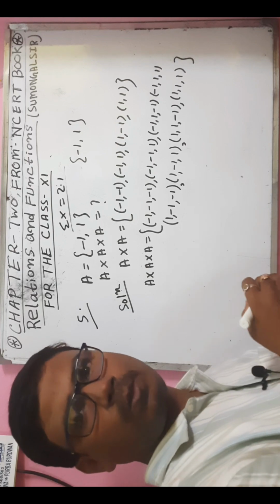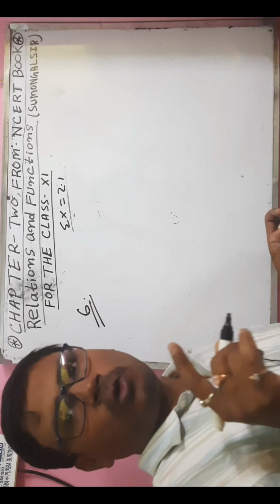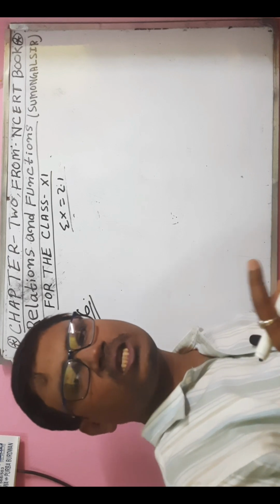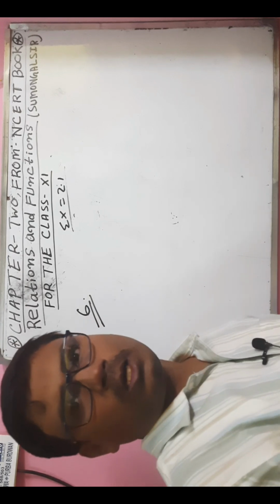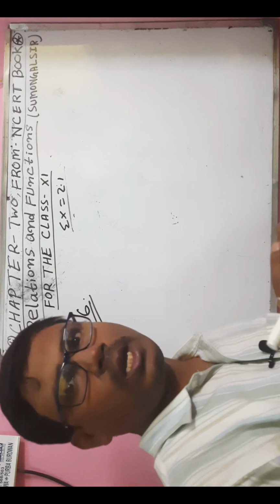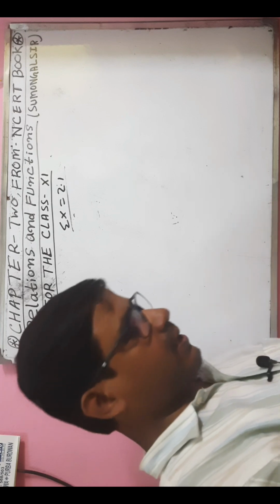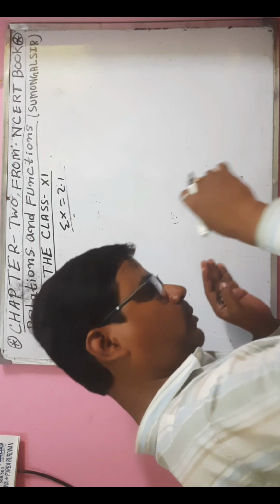Now we move to question number 6. Question number 6 is the last and final discussion of the day. The remaining part will be discussed in the next day's video. Okay. So this is the last discussion of the day.